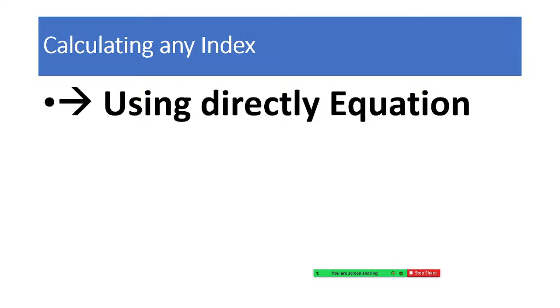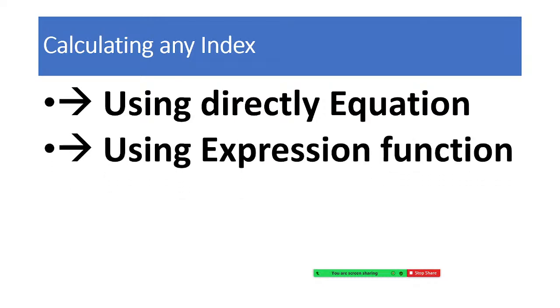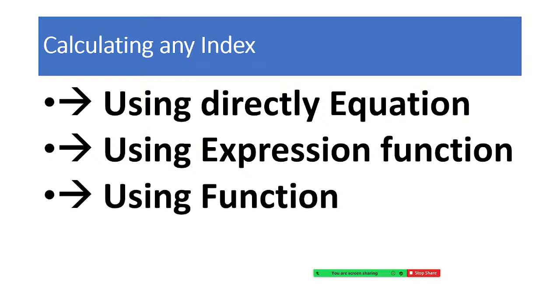When you want to calculate indices on the Google Earth Engine platform, we can use three methods. The first method is that you can directly put your equation. Another method is that you can use the expression function. If you want, you can also use a function for calculating any indices.